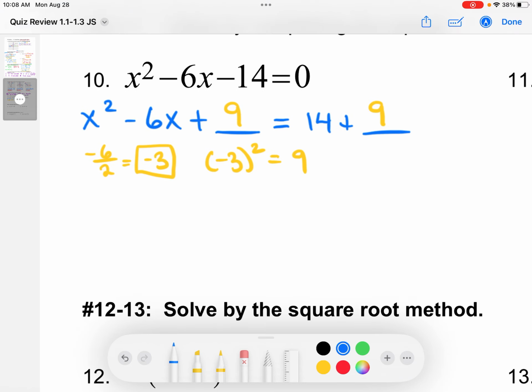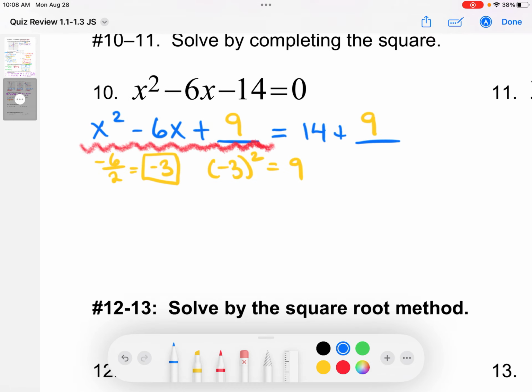Now, we did this so that these three terms would be a perfect square. And they are the perfect square of x minus 3. Then on the other side, that's equal to 14 plus 9 is 25.